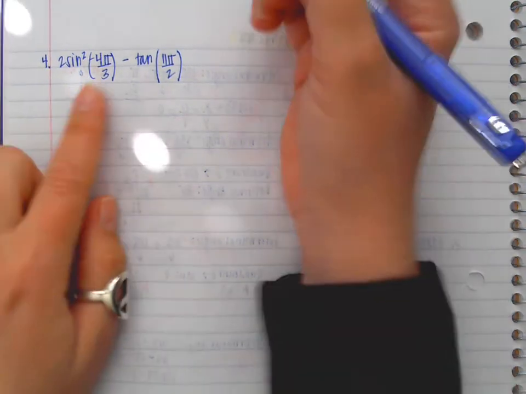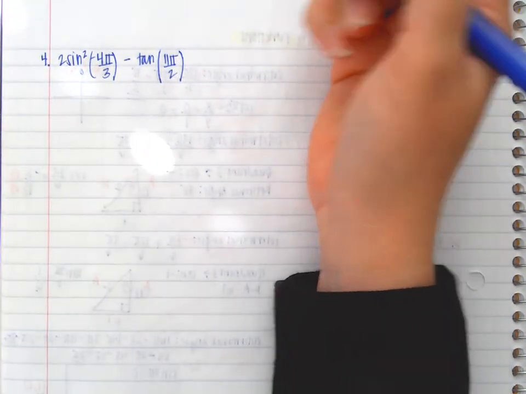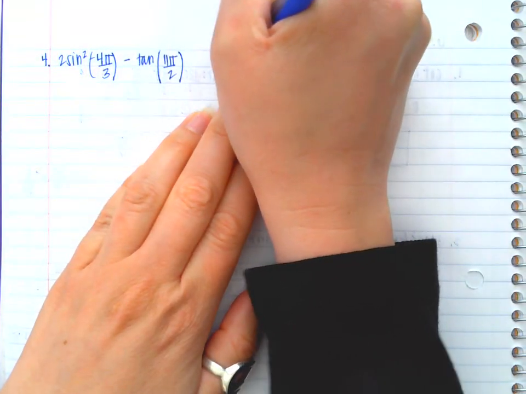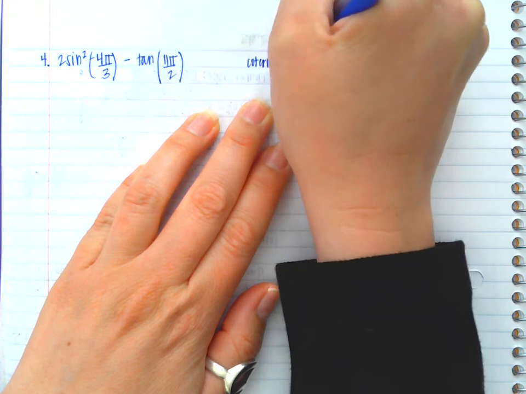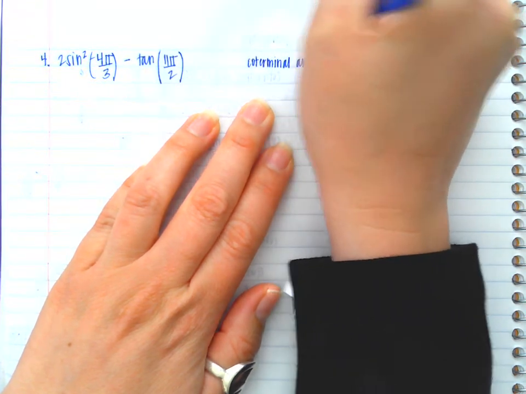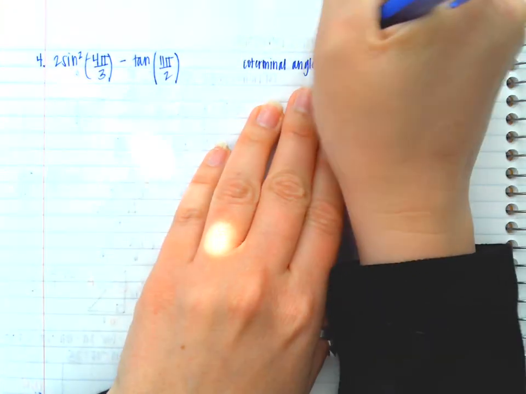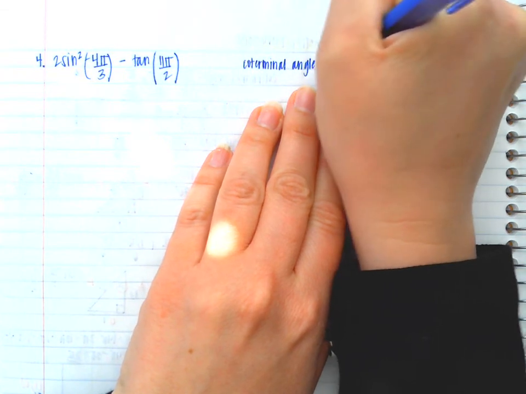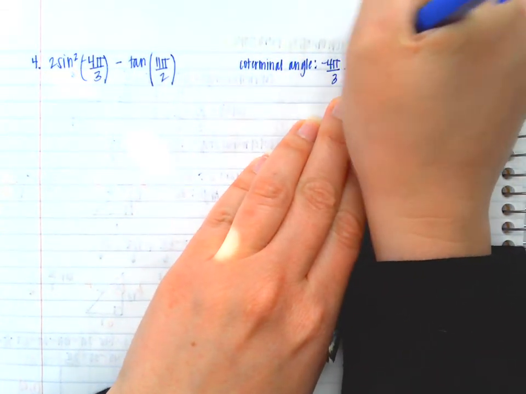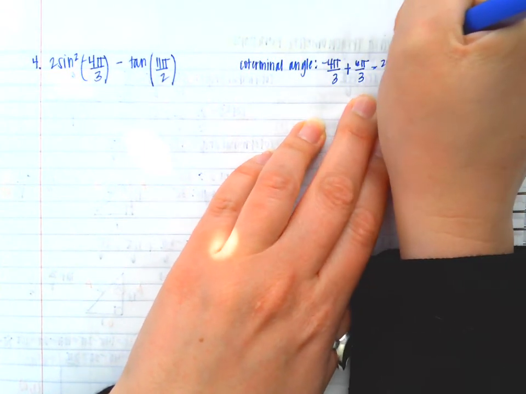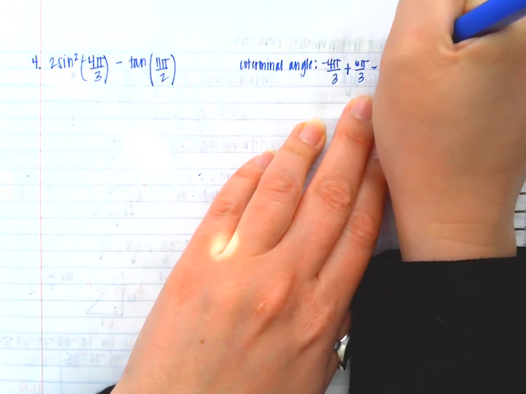Okay, so first, -4 pi over 3, we're going to get a coterminal angle. So what I'm going to do, it's negative, so I'm going to add 2 pi to that. So that means I'm adding 6 pi over 3 to get me 2 pi over 3.